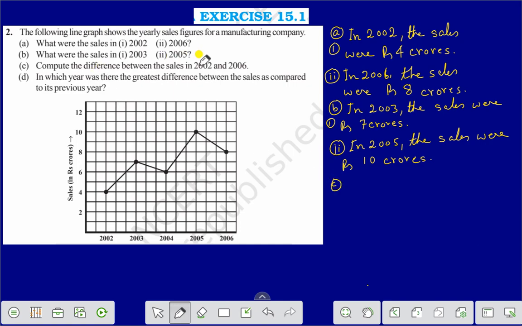Now question number C. Compute the difference between the sales in 2002 and 2006.